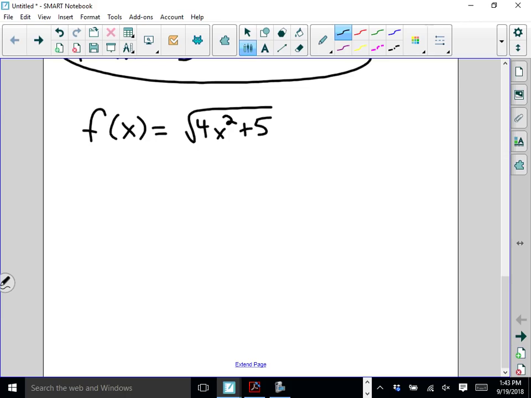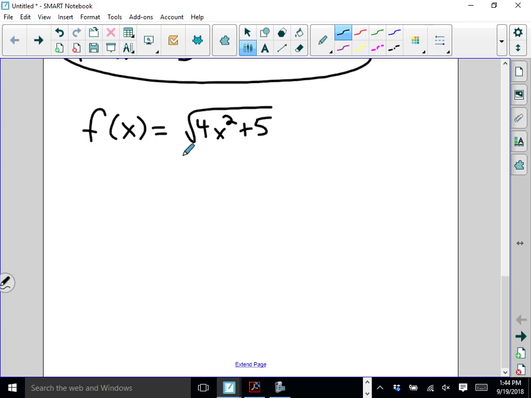What I want you to do is guess, what are we going to refer to as the inner function here? Well, the inner function is going to be 4x squared plus 5. What's the outer function, you ask? Well, that's just the square root of x. So we have 4x squared plus 5, and we're taking the square root of that. The square root is acting as our outer function. 4x squared plus 5 is acting as our inner function.